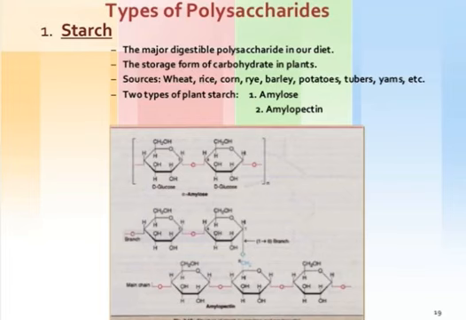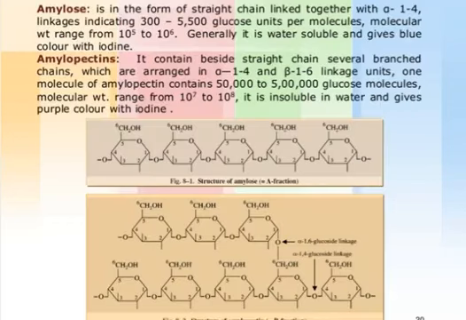Amylose is a long unbranched straight chain polysaccharide, while amylopectin is a branched chain polysaccharide. Amylose is 15 to 20 percent by weight of starch, and amylopectin 80 to 85 percent.